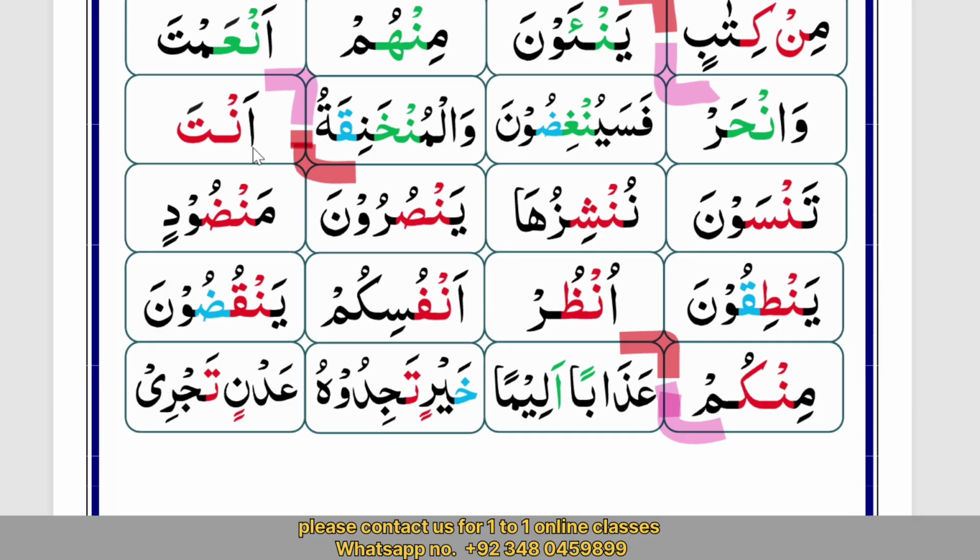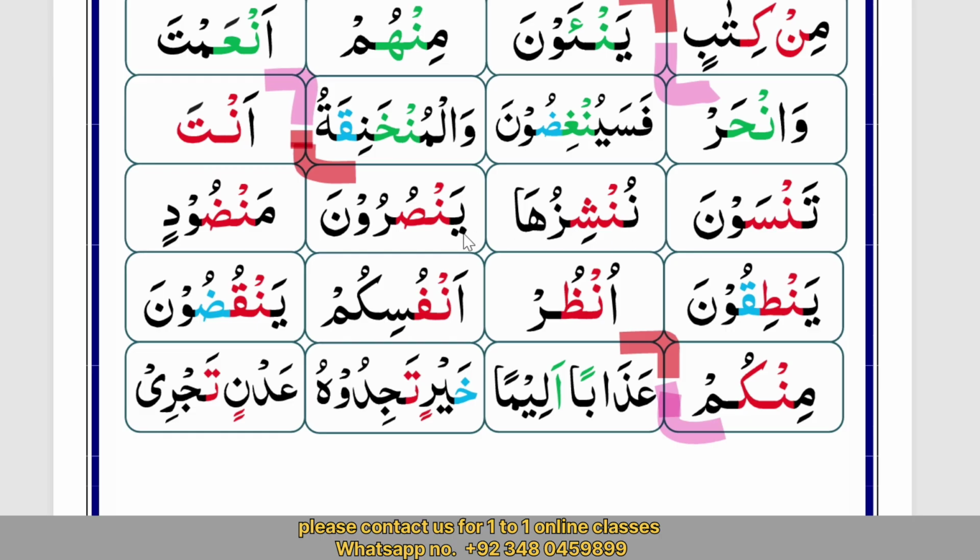Hamza, noon, zabar an, ta, zabar ta, anta. Ta, noon, zabar tan, sin, waw, zabar saw, tan saw, noon, zabar na, tan sawna. Noon, noon, pesh nu, sheen, zer shi, noon shi, za, pesh zu, noon shizu, ha, alif, zabar ha, noon shizu.